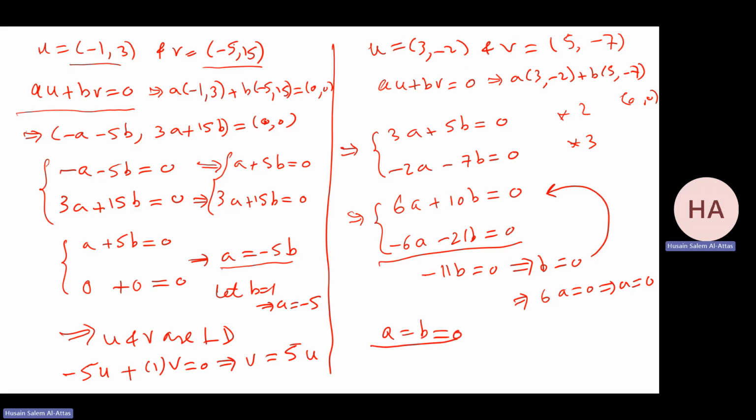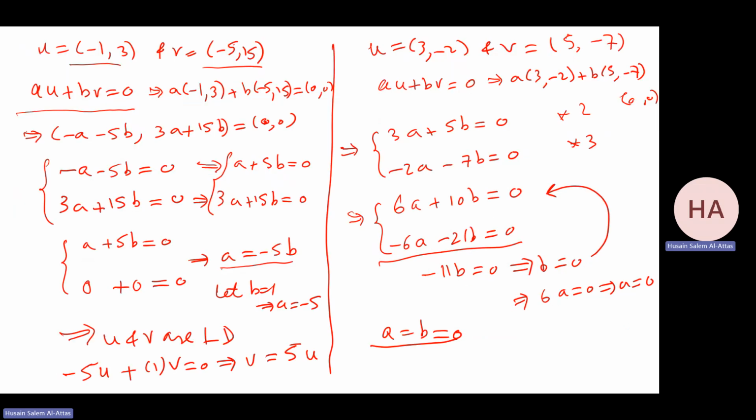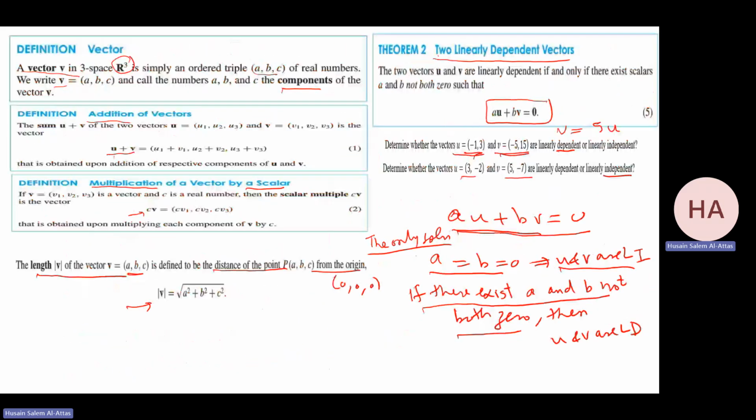So the only solution I'm getting is A equals B equals 0. If that is the case, according to this definition, if the only solution is this, that means U and V are linearly independent, which I know just by looking at these two vectors. So this is the way to judge whether two vectors are dependent or independent.